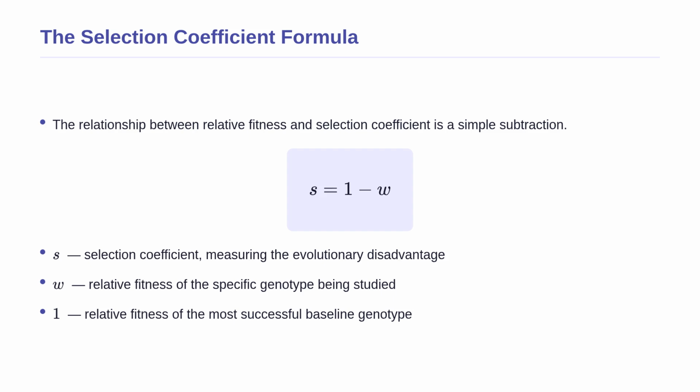The symbol W represents the relative fitness of the specific genotype we are studying. The number 1 represents the relative fitness of the most successful genotype in the entire population. When the relative fitness W decreases, meaning the organism is doing poorly, the selection coefficient S increases. This shows that natural selection is pushing hard against that trait.